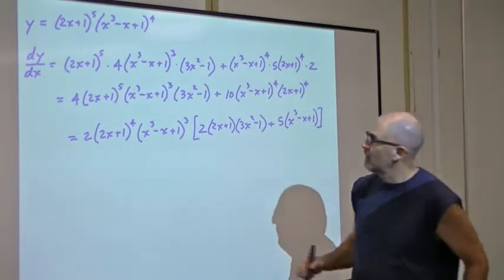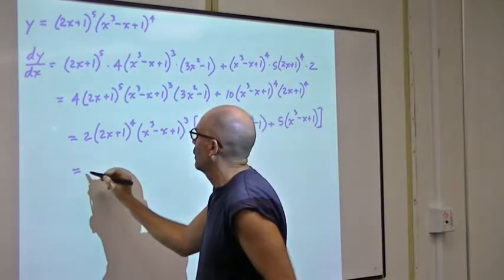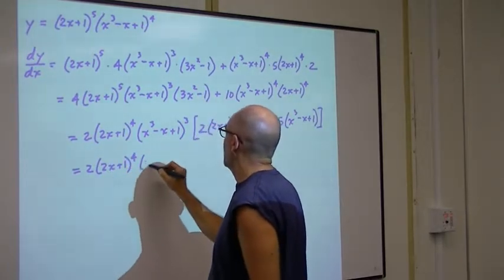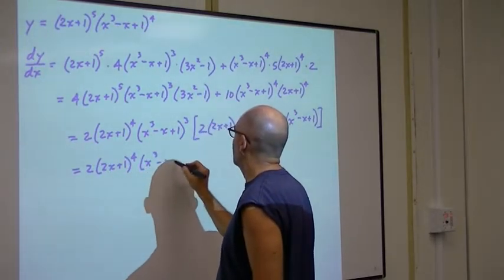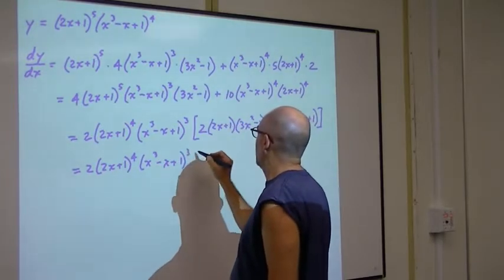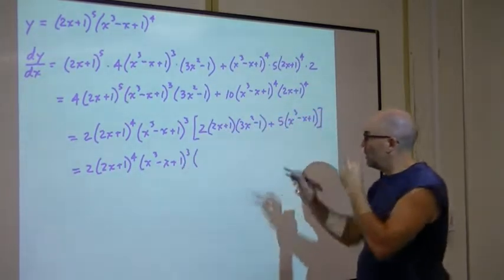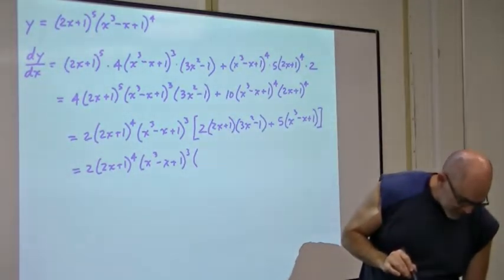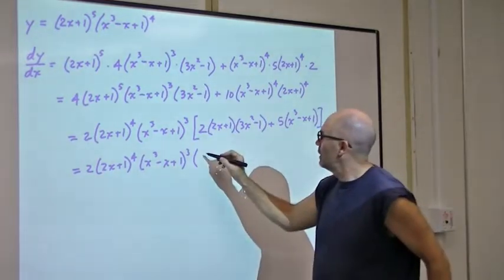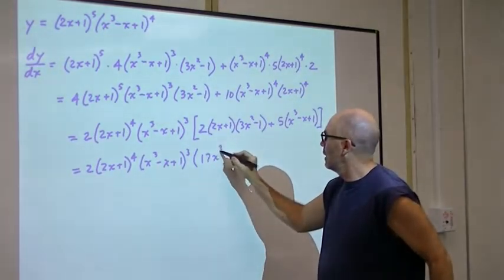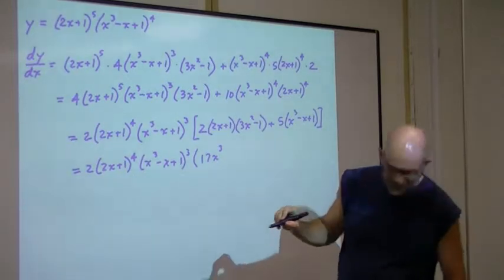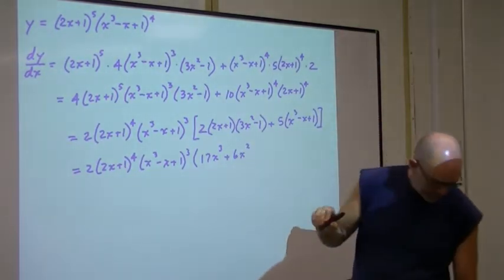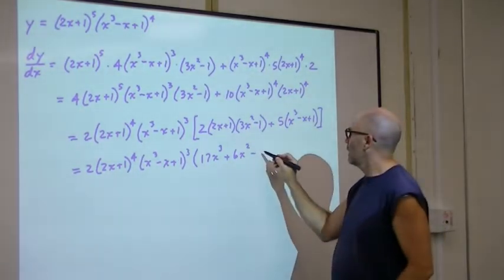That turns out to be 2 times (2x plus 1) to the fourth times (x cubed minus x plus 1) cubed times, when you distribute all that and combine like terms, you end up with 17x cubed plus 6x squared minus 9x plus 3.